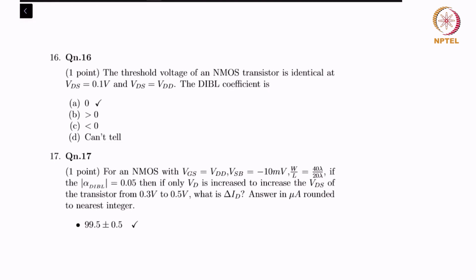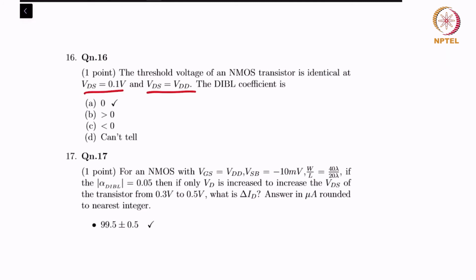So in the 16th question, we are told the threshold voltage of an NMOS transistor doesn't change when VDS goes from 0.1 to VDD. This is quite a large change in VDS, but the threshold voltage of the NMOS doesn't change.